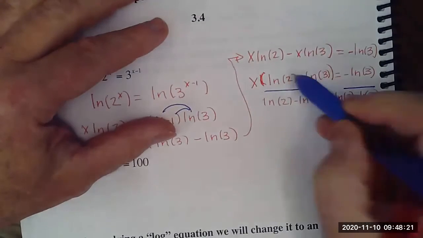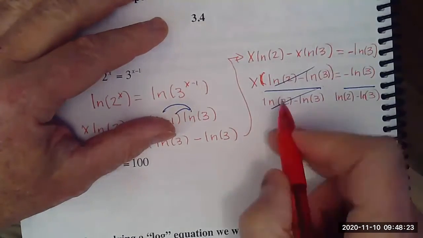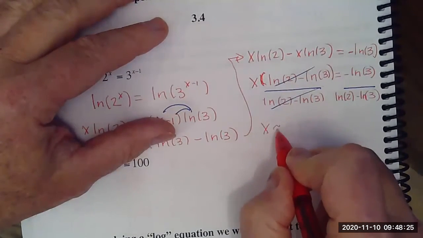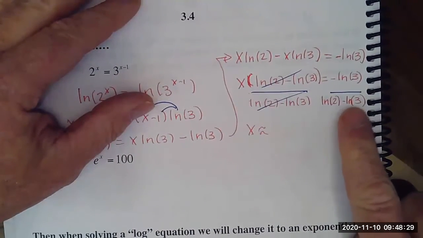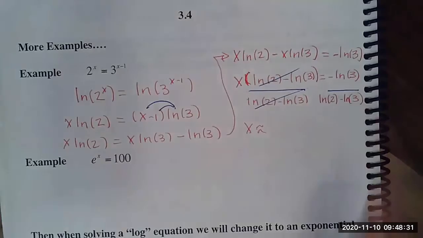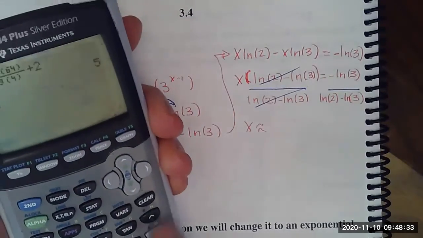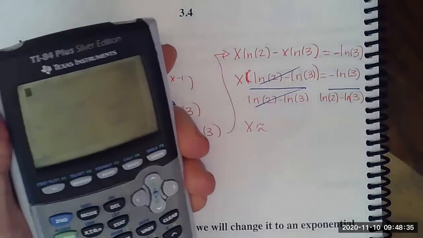That leaves me x on the left-hand side, equal to that expression. Then I just have to carefully type that into my calculator. If I haven't made a careless mistake, of course, I'll check the answer at the end.